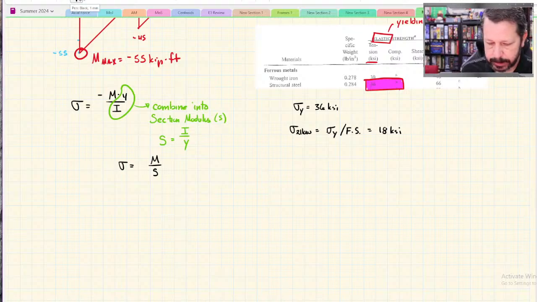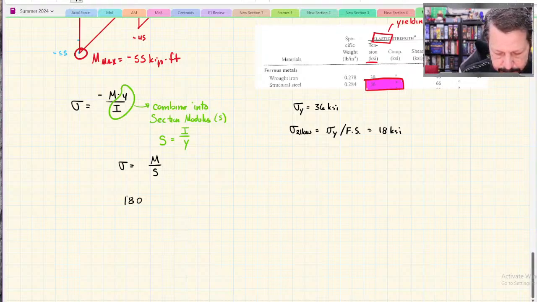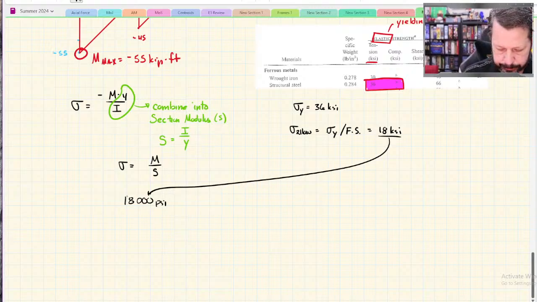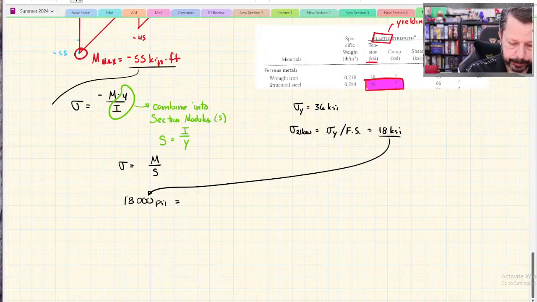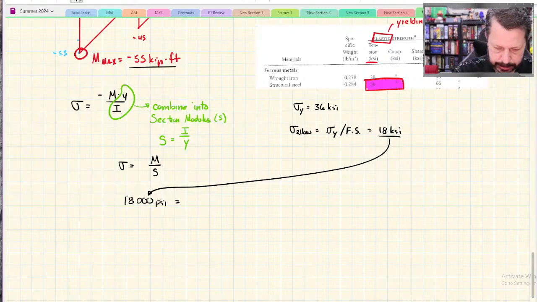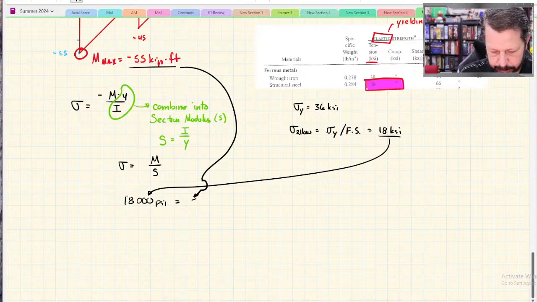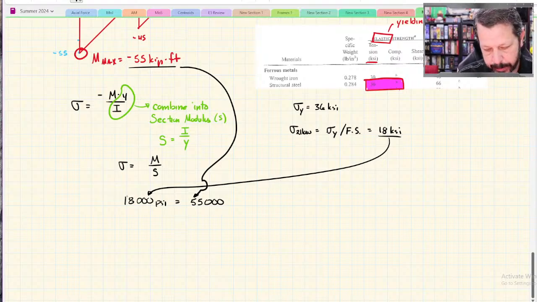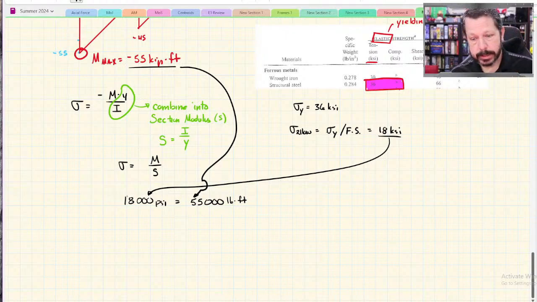What I'm going to do is say that I'm going to allow 18,000 psi, so that was coming from over here, equals M, which is coming from up here. And that's 55,000 pound feet.